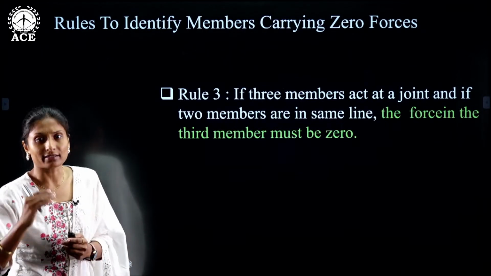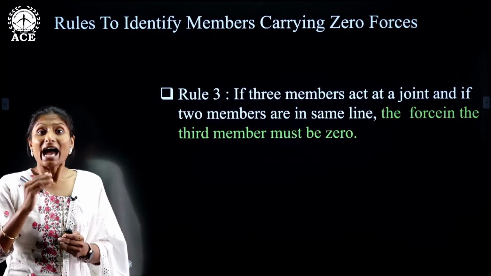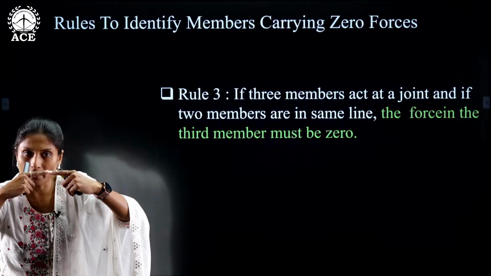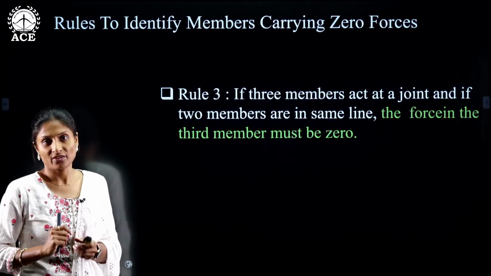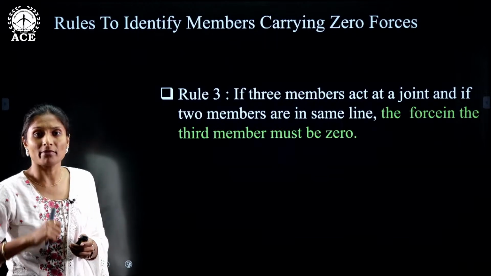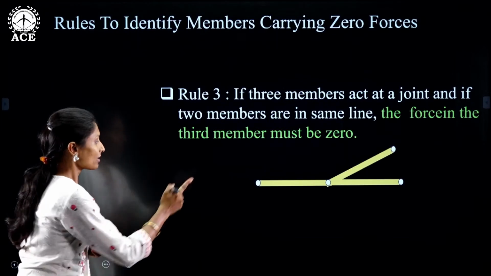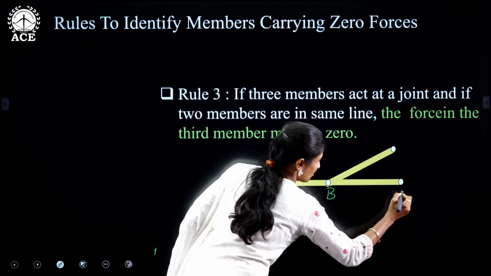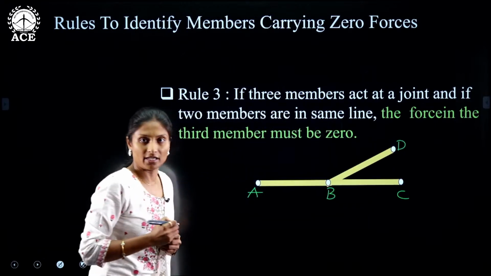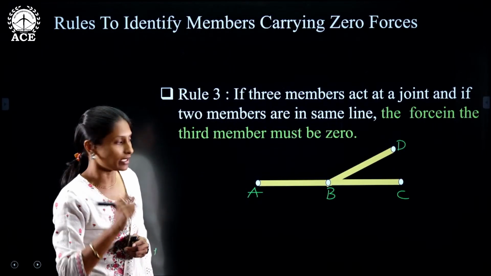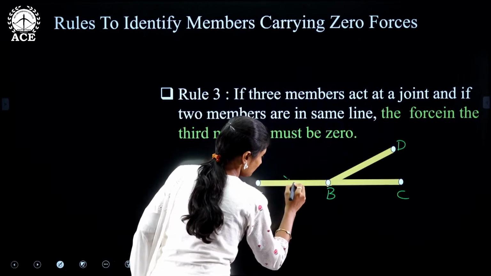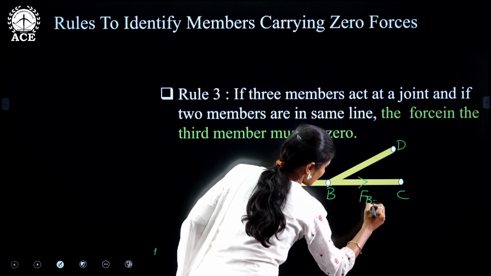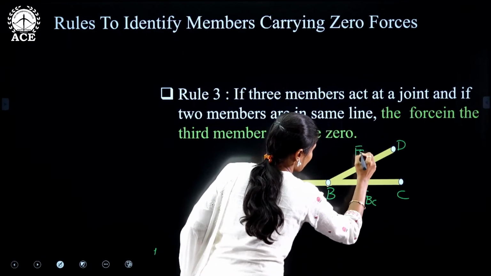Then coming to rule number 3: when three members are acting at a joint, out of which two members are acting in the same line, then the force in the third member must be 0. For example, I am considering this truss ABCD. These are the three members acting at a joint: this is FAB, this is FBC, and this is FBD.